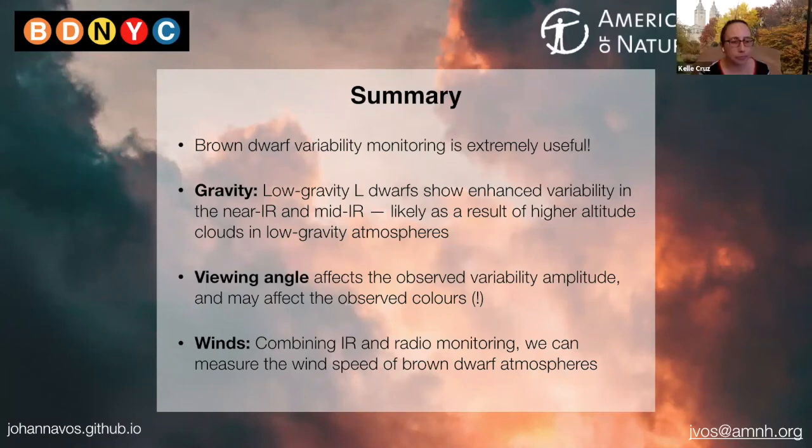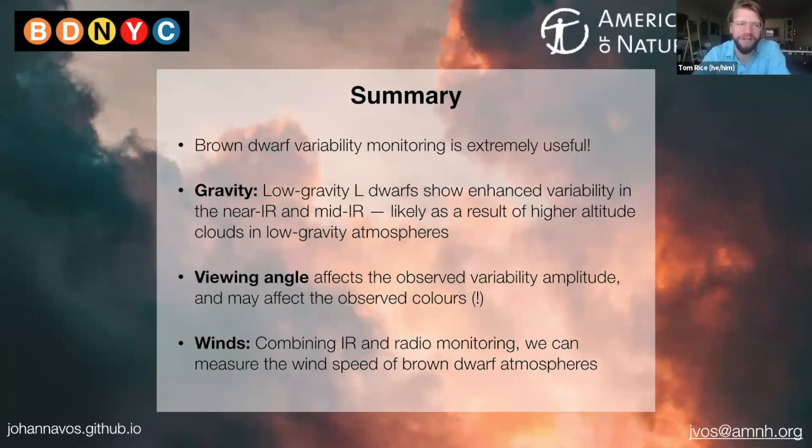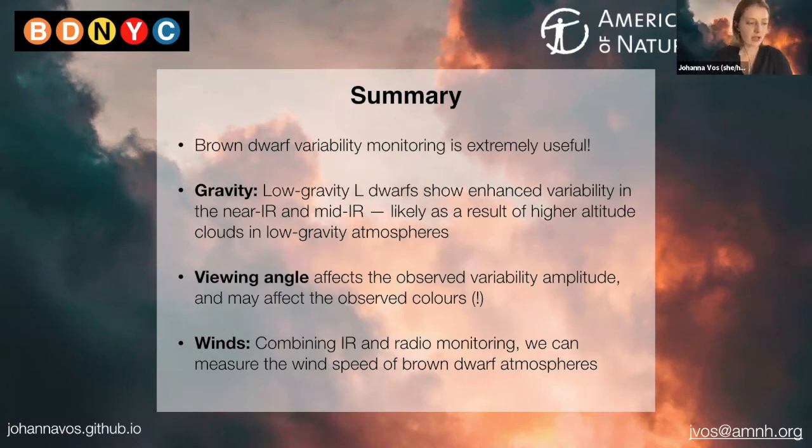Tom? Hey, Johanna, great talk. I have a question that you might have been able to predict just based on my own interests, but besides this cloud thing that you point out, are there other variability mechanisms that you see commonly in brown dwarfs? For brown dwarfs with spectral types later than like L5, we generally think most variability is cloud driven.